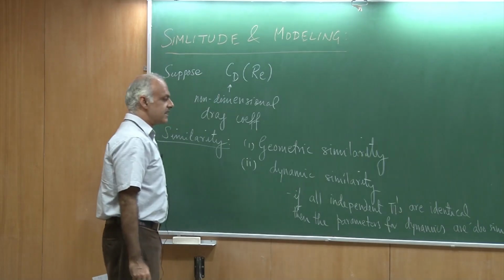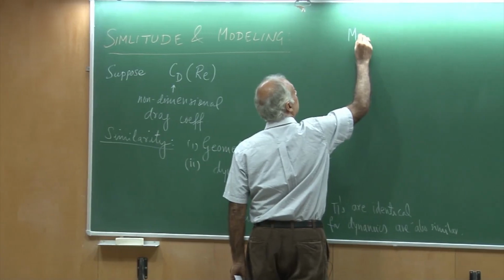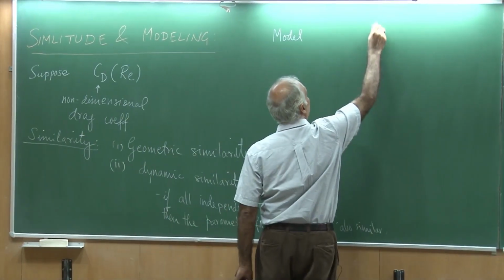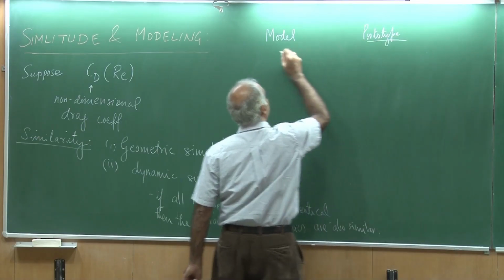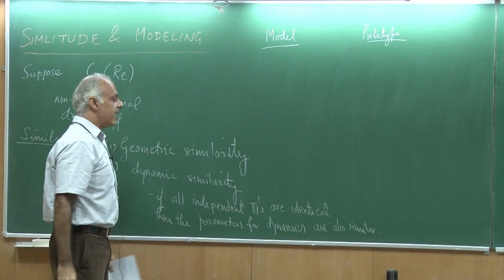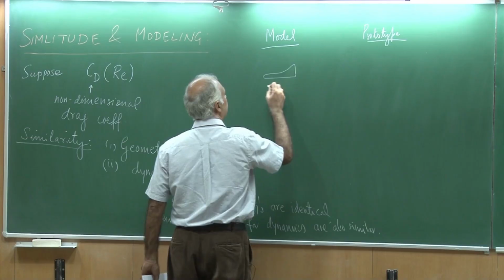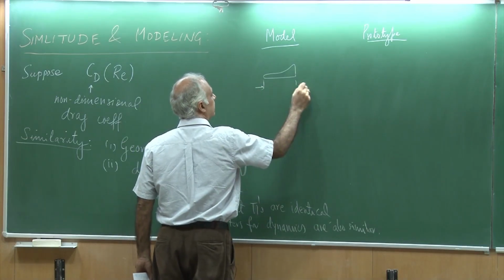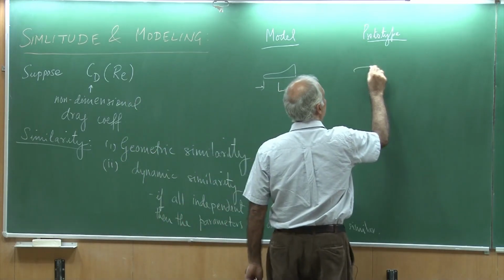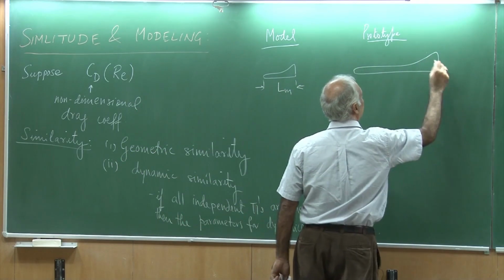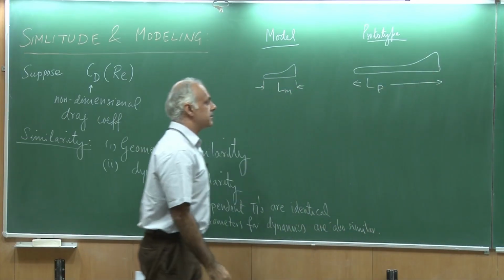To illustrate this example, we can talk about a model and a prototype. Suppose I have an aircraft where I am doing some testing, and let us say this is the length of the model, and maybe I have a prototype which is probably larger, and this is the length of the prototype.